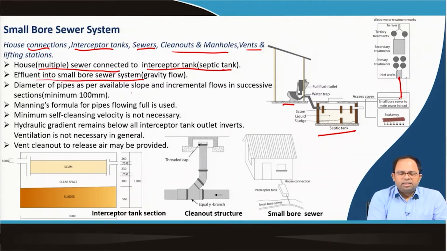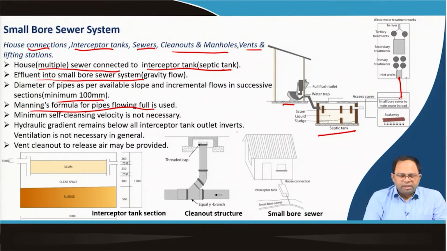Regarding the diameter of the pipelines and available slopes, as we have discussed, slope is not that much required, and the minimum diameter is 100 mm. We can assume the pipe would be more or less full, and use Manning's formula for pipe flowing full for estimating pipe diameters and everything else. Minimum self-cleaning velocity is not necessary in this case, because we are only dealing with liquid, and the hydraulic gradient remains below all interceptor tank outlet inverts.